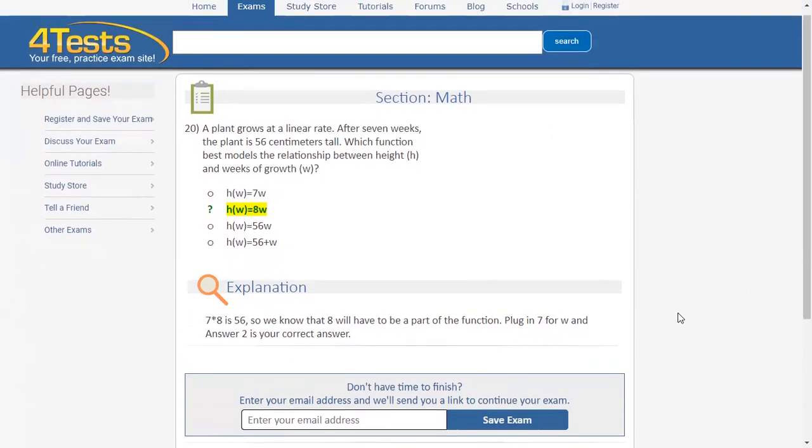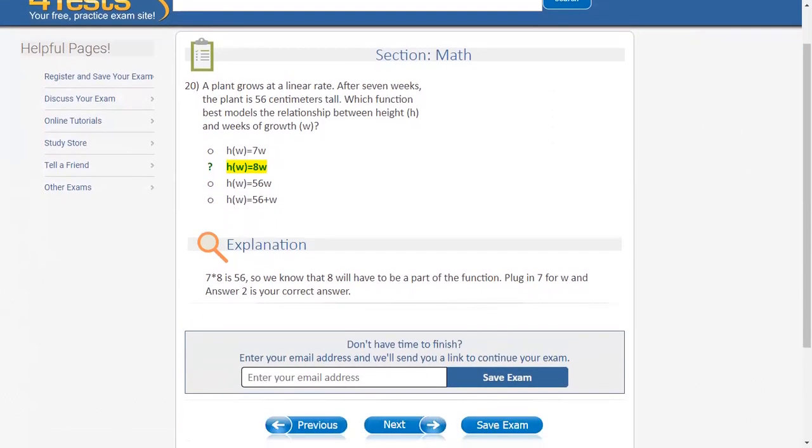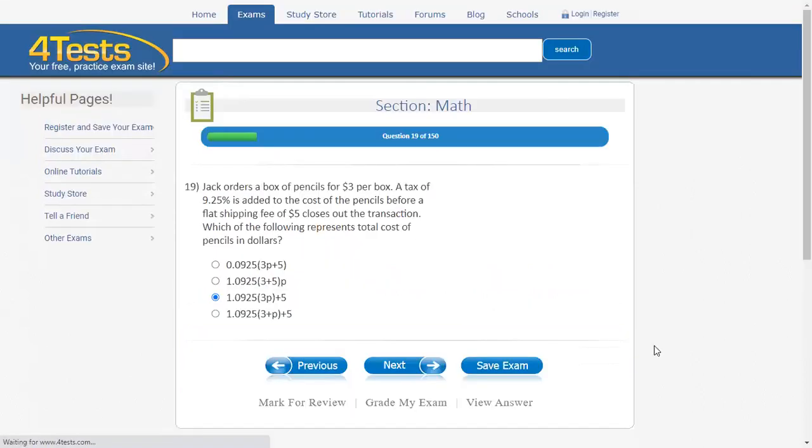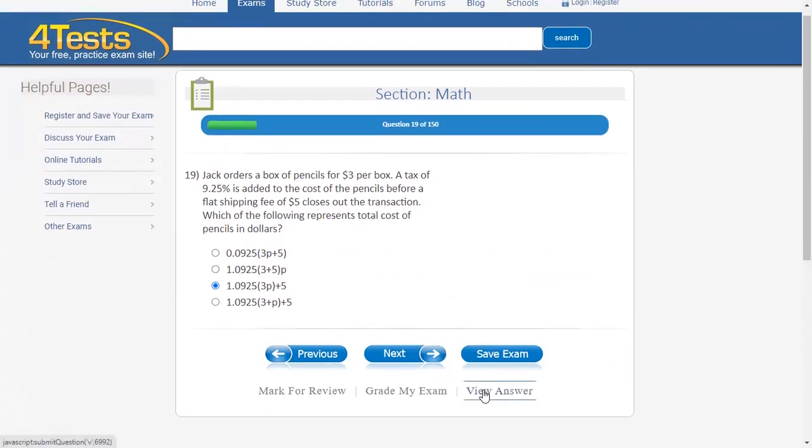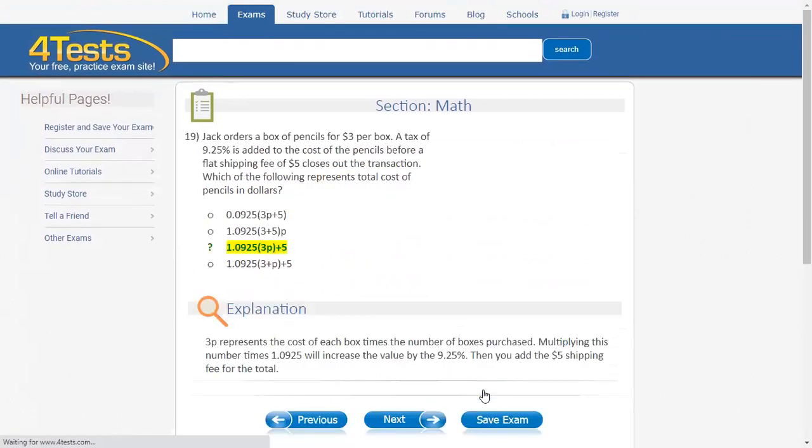So we have to stop at question number 15, 16. We are at 19. Once again, the answer is marked by you, and we are viewing it. Absolutely right, well done, no need to explain this.